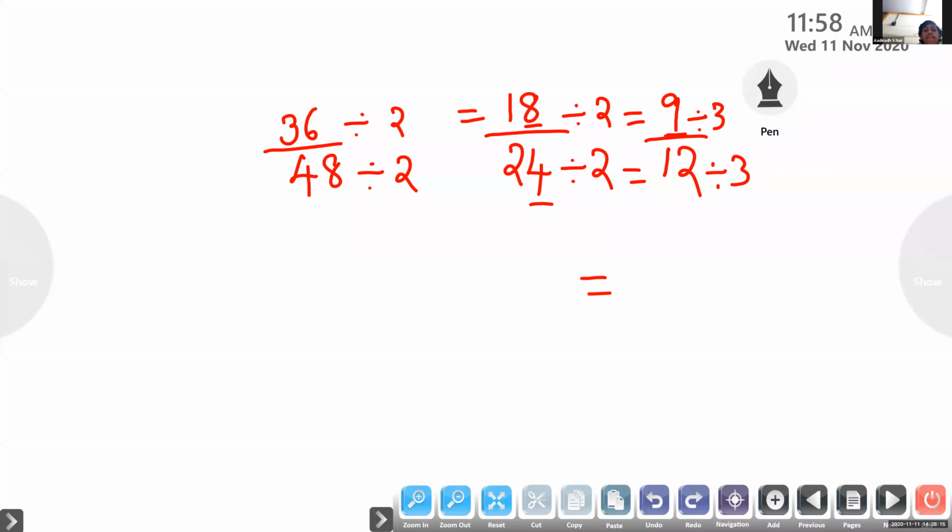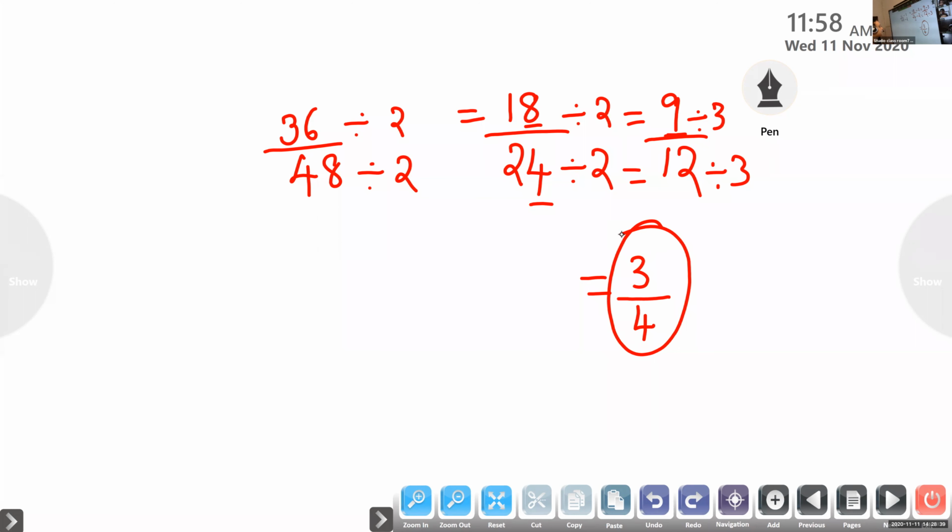3. 3 into 3 is 9. What about 12 divided by 3? 4. Can you check whether 3 by 4 is in its lowest form? Is there any other number we can divide both numerator and denominator by? No. So children, 3 by 4 is in its lowest form.